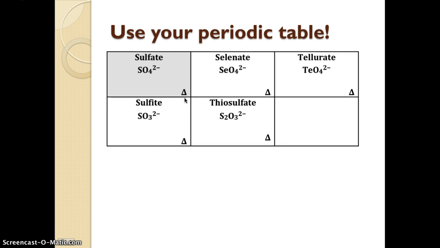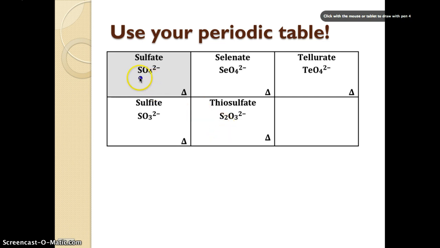The next slide appears to be sort of overwhelming, but if you look at it a little bit more deeply, what you're going to notice is that all of the elements that are here are group 16 elements. So sulfur, oxygen, selenium, tellurium, and again sulfur and oxygen are the only other two elements down here. All of these elements are in group 16.